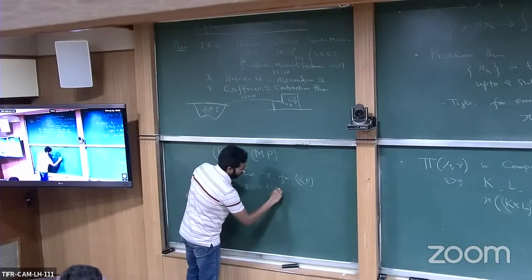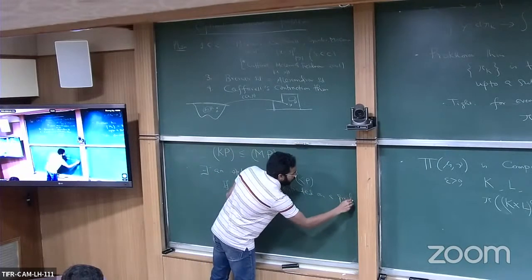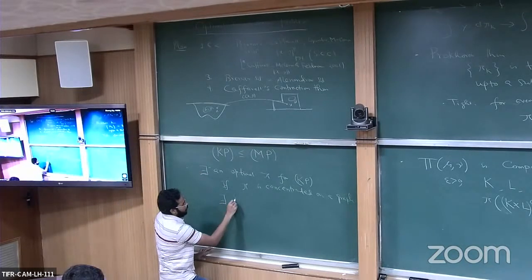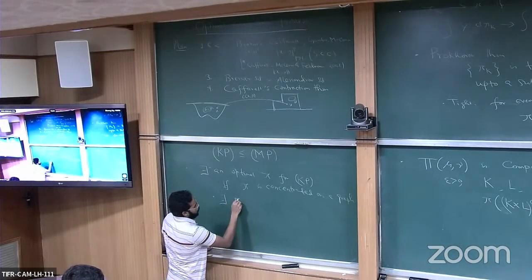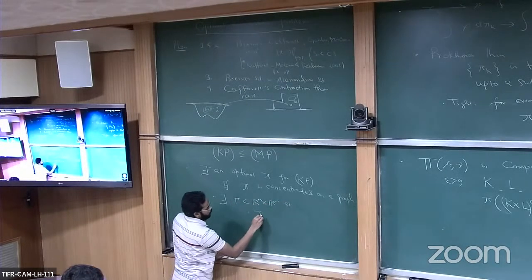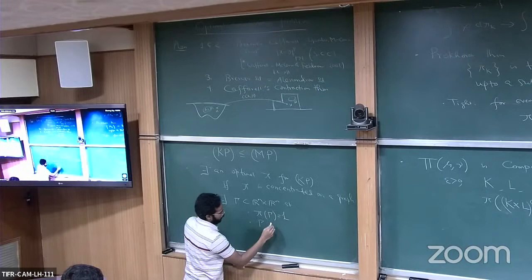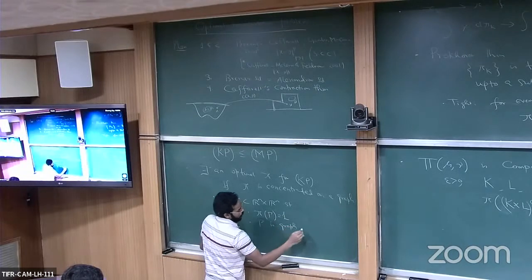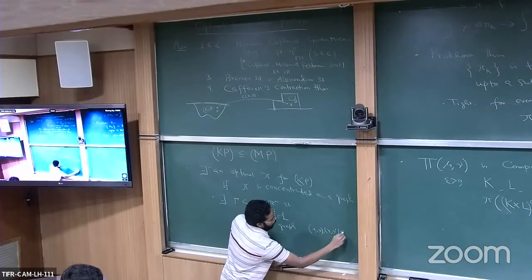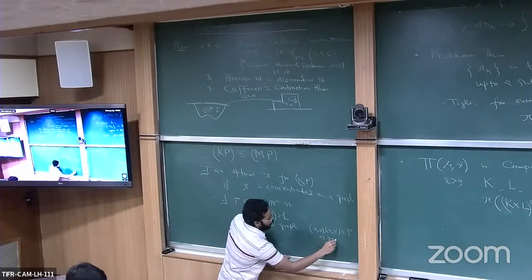What do I mean by that? Yes, there exists gamma, a subset of Rn cross Rn, such that pi of gamma is equal to 1 and this gamma is a graph. That means if two points (x,y) and (x,y prime) have the same first component, then this implies y equals y prime.